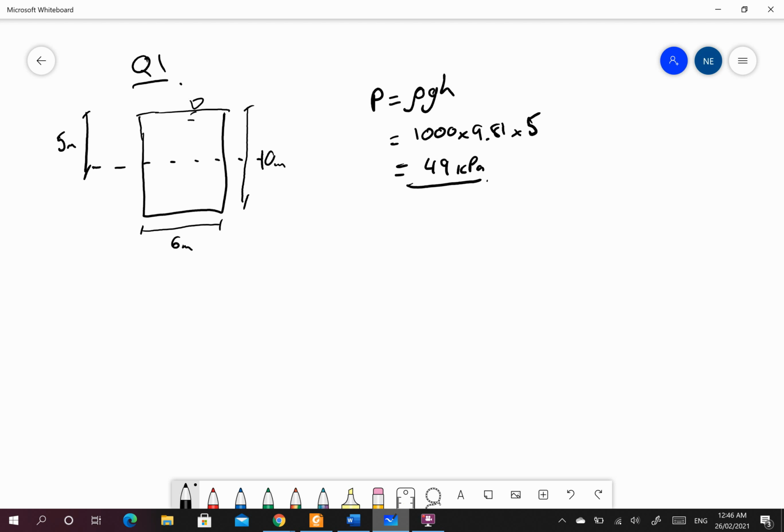Okay, being a square, it should act where you're going to take it to the centroid. So this pressure is the pressure at the centroid.